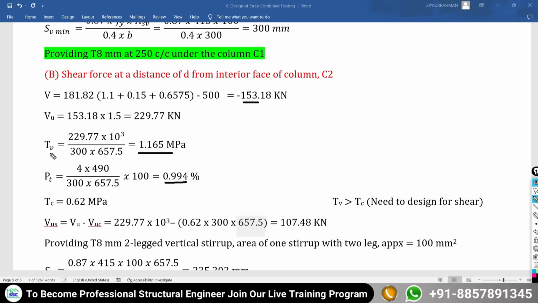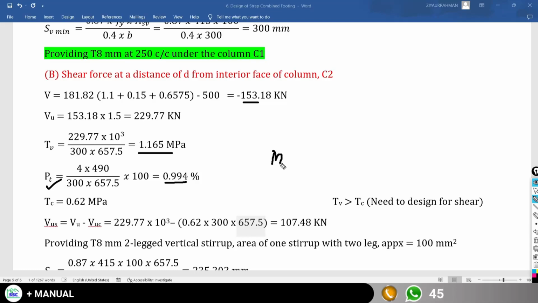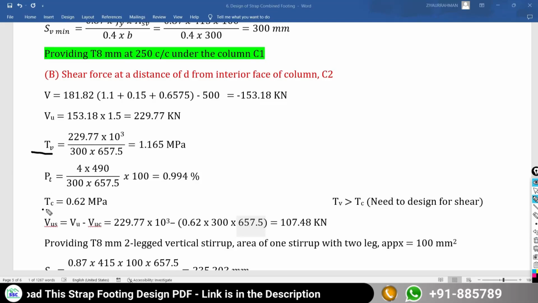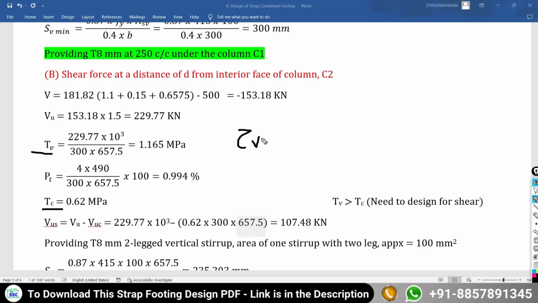In respect of your percentage of reinforcement available and grade of concrete as M20, we are getting the value of critical shear as 0.62, in a similar way to the last case. Now here we have to compare your nominal shear and critical shear. The nominal shear is more than the critical shear, hence we need to do the design of the shear reinforcement.